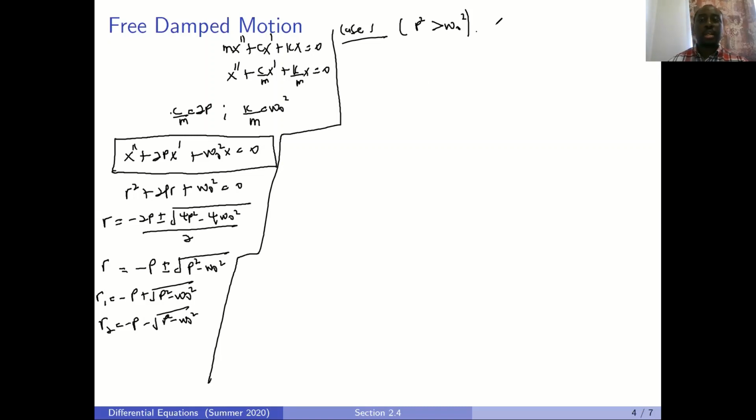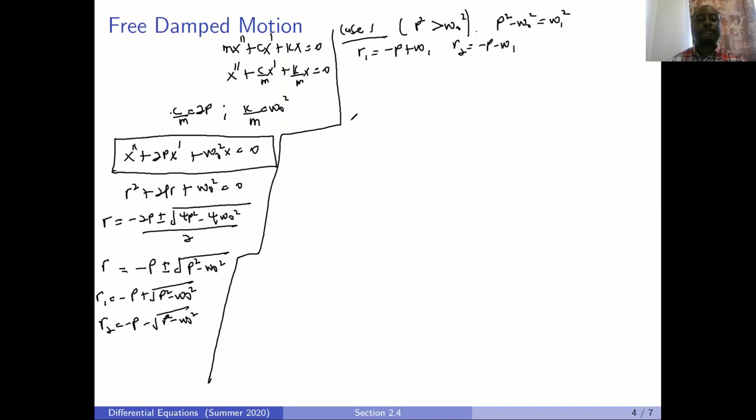So in that case, let's call p squared minus w0 squared, let's call that w1 squared. And so my r1 is really minus p plus w1, and my r2 is going to be minus p minus w1.